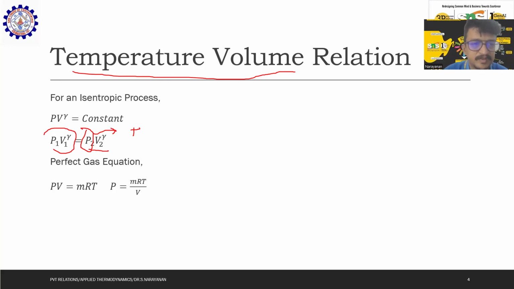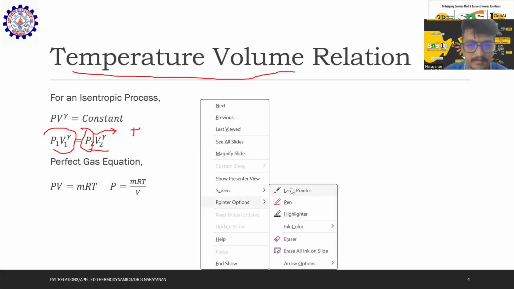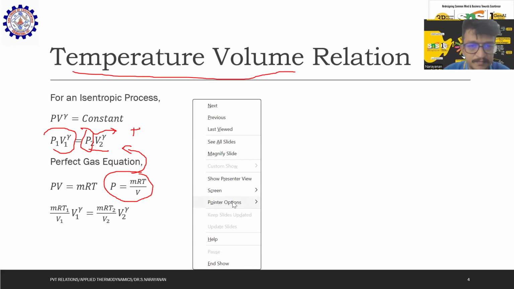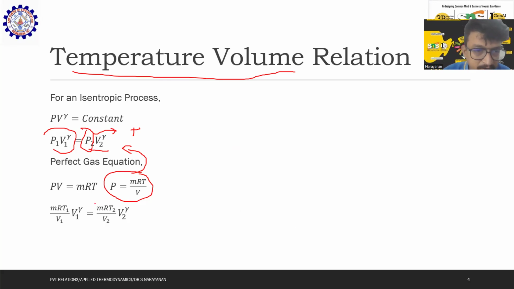Therefore, we write pressure in terms of temperature and volume. So P is equal to mRT divided by V. We are going to substitute this value of P in this equation. The equation will become mRT1 by V1 into V1^gamma equal to mRT2 by V2 into V2^gamma. Here m and R are constants, so they will get cancelled out.